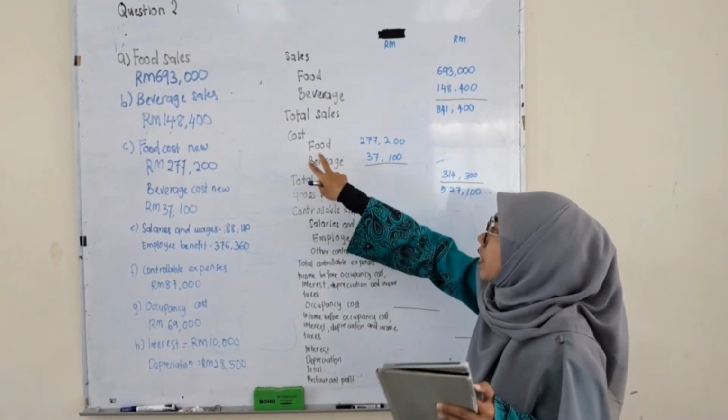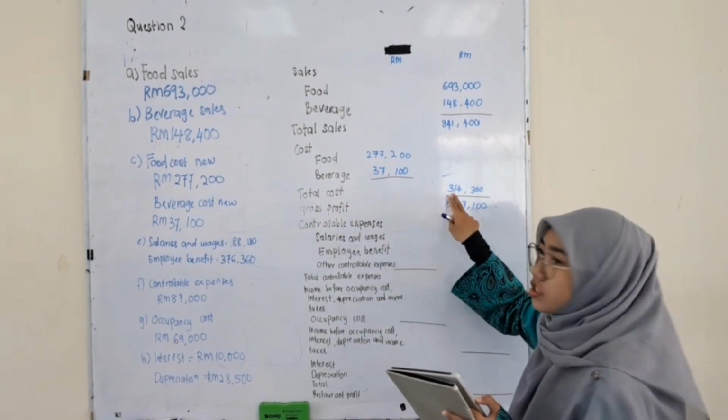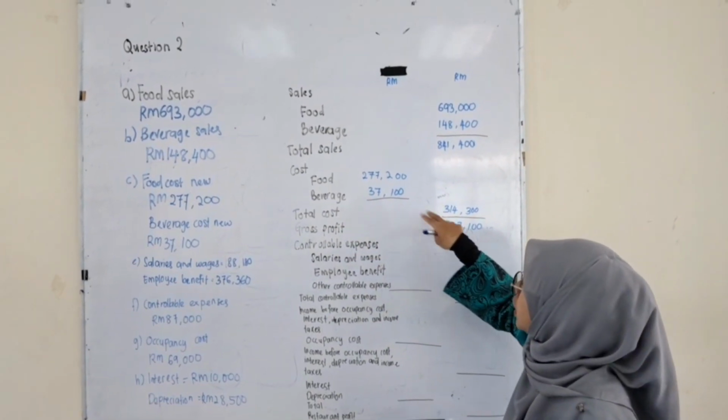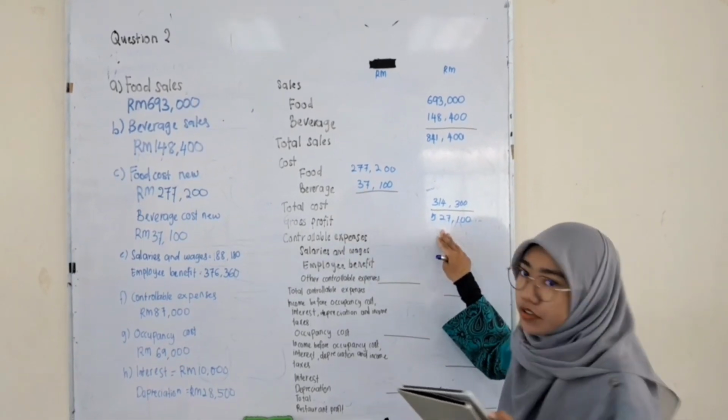So we add food cost and beverage cost, so we get the total cost. After that, total sales minus total cost and we get the gross profit for the restaurant.